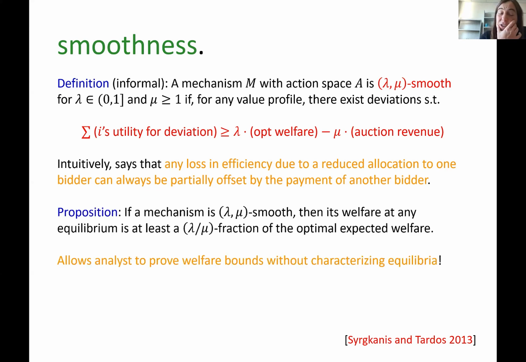And if you can do that, if you can find these deviations and show that they satisfy this inequality, then the main proposition in this literature is that the welfare of any equilibrium is close to the optimal expected welfare.